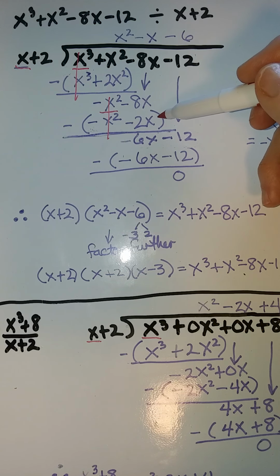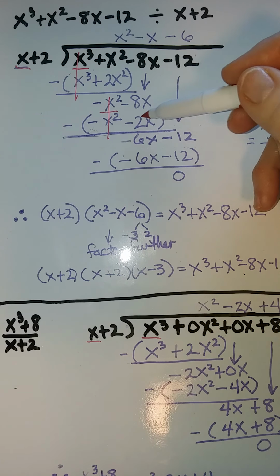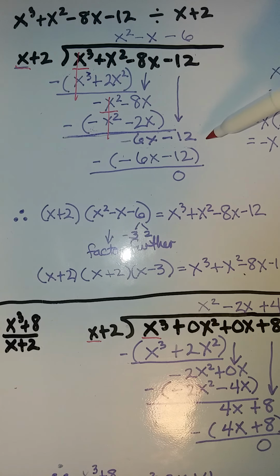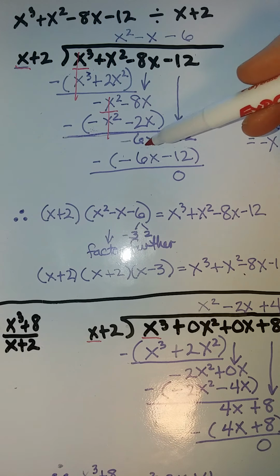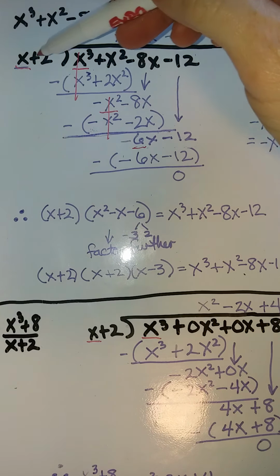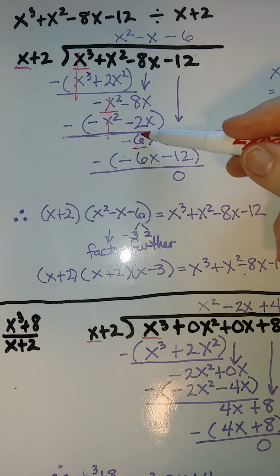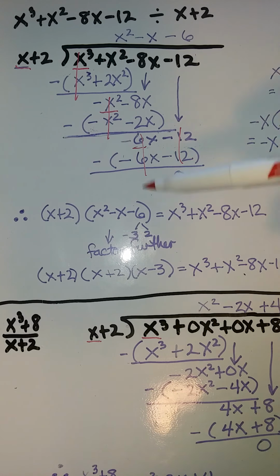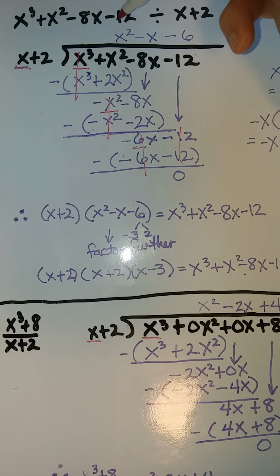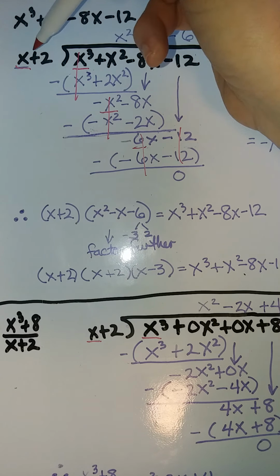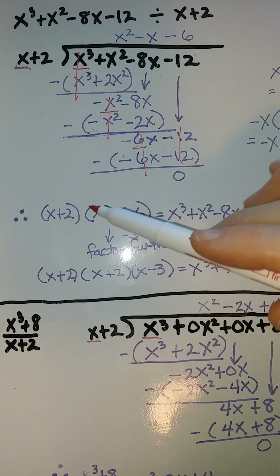So negative 8x plus 2x is going to be negative 6x. And then finally, we're going to look here and say, well, what do I need to multiply x by in order to get negative 6x? And it's going to be negative 6. We come out with the exact same two terms, and therefore we know that both of these are going to cancel. We get 0.